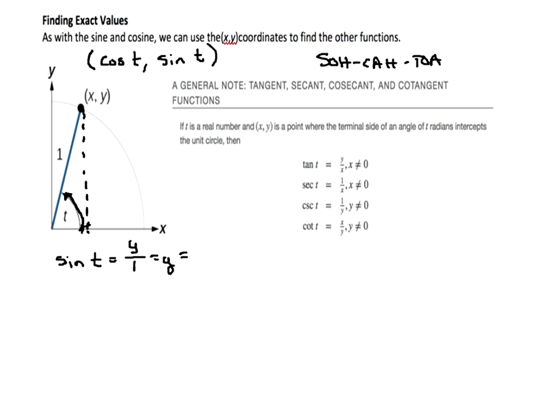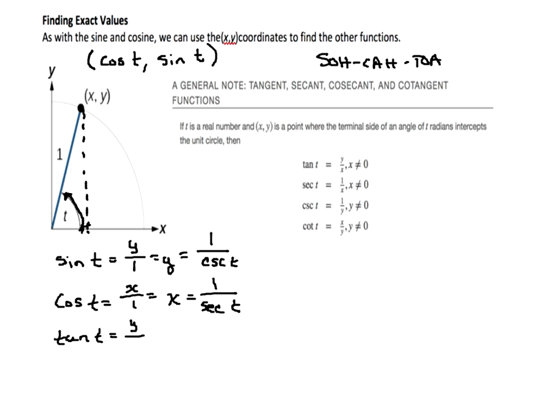And we also know that this is the inverse of the cosecant of that same angle. The cosine of t is adjacent over hypotenuse, and that is the reciprocal function of the secant of t. And then we have tangent, which is the opposite over the adjacent, and that is the equivalent of the reciprocal of the cotangent function.